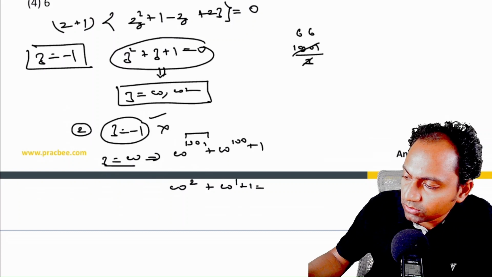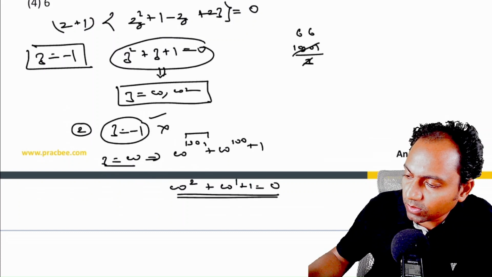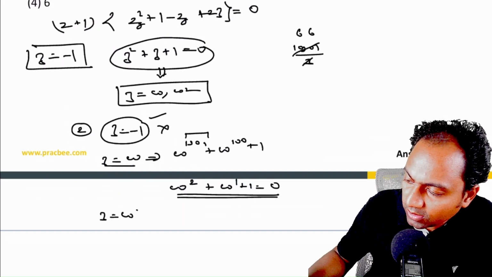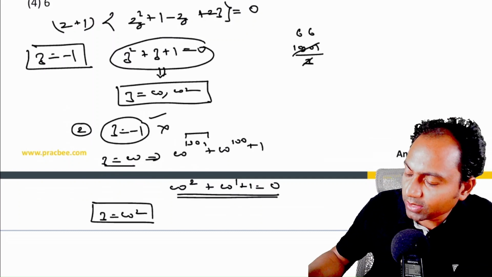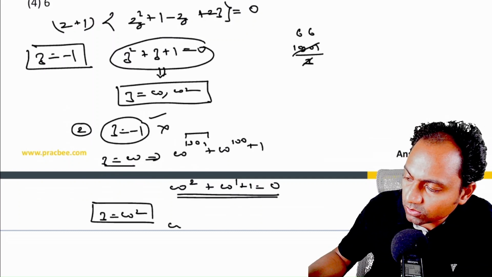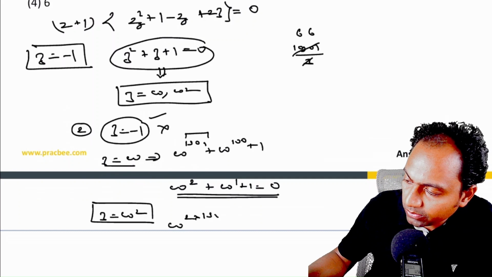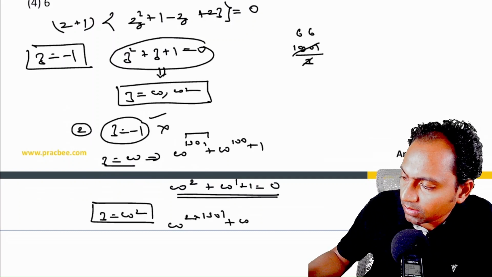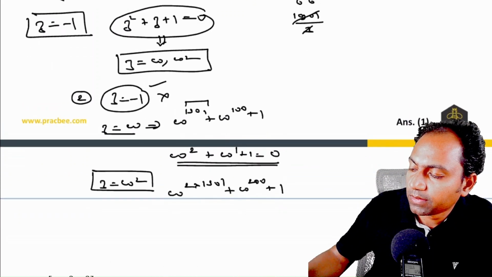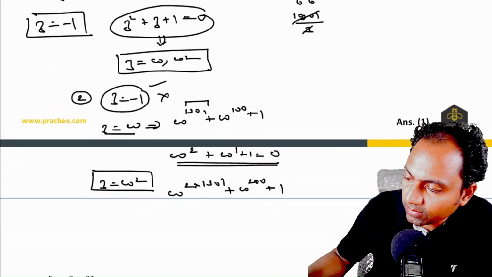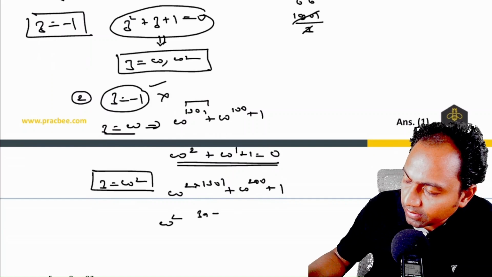So you can see that this is getting satisfied. There is no problem. Now let us check for z is equal to omega square. This becomes omega raised to the power 2 into 1901 plus omega raised to the power 200 plus 1. This is nothing but the 3n plus 2 form.